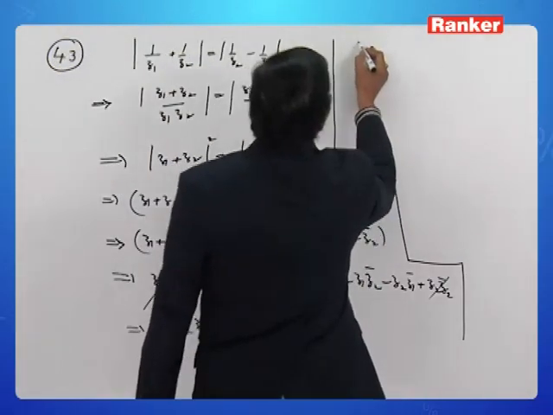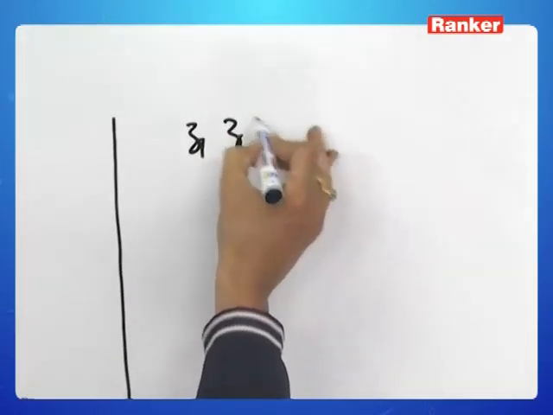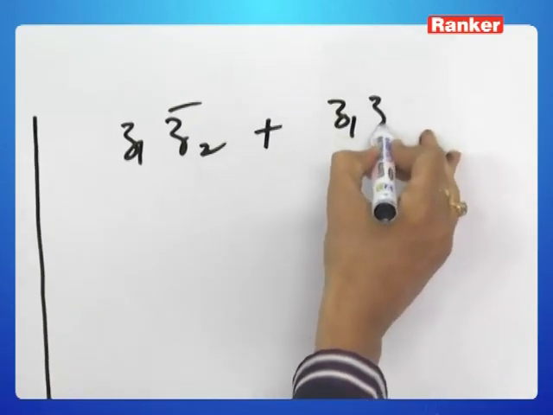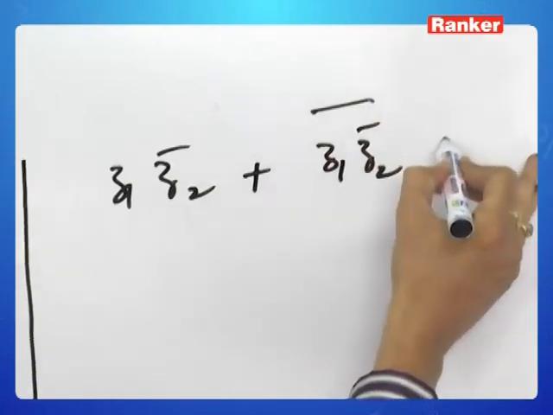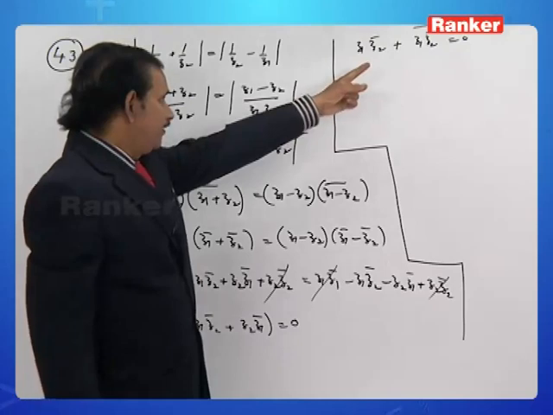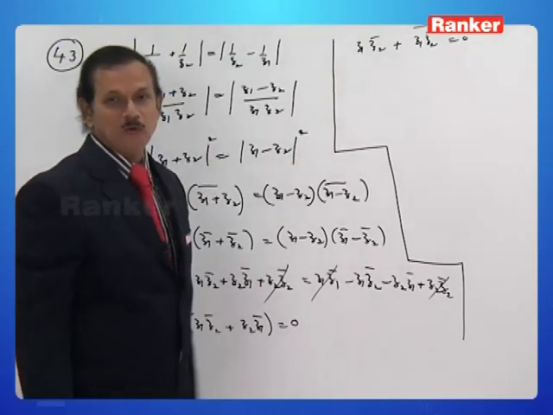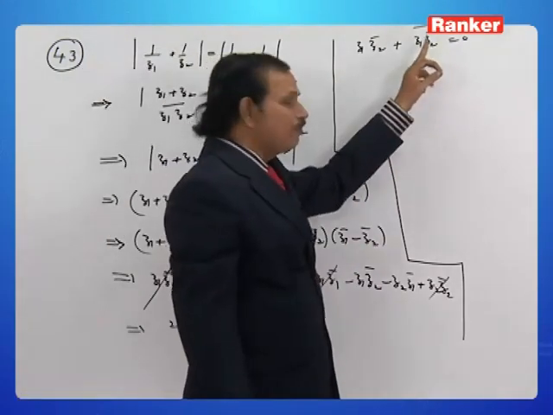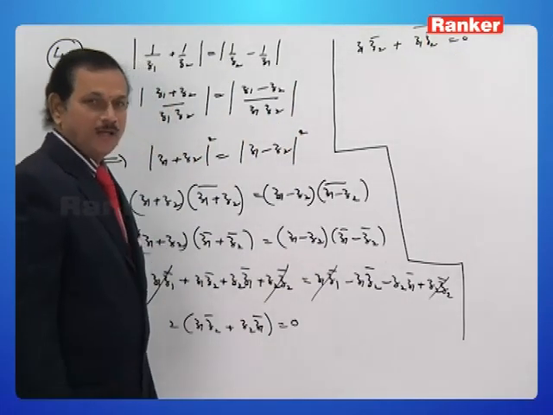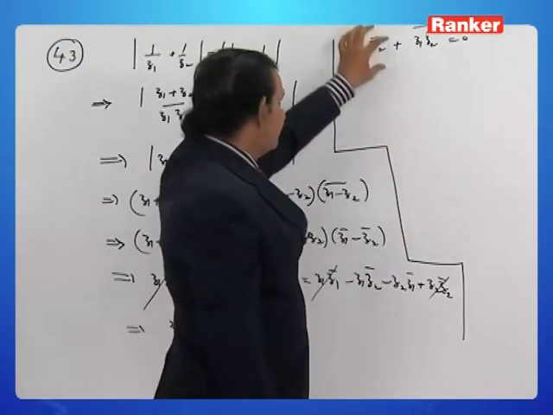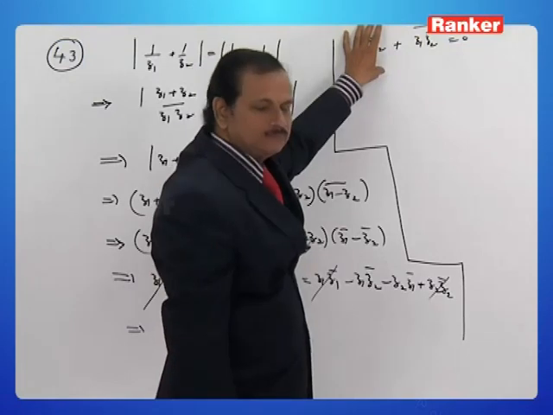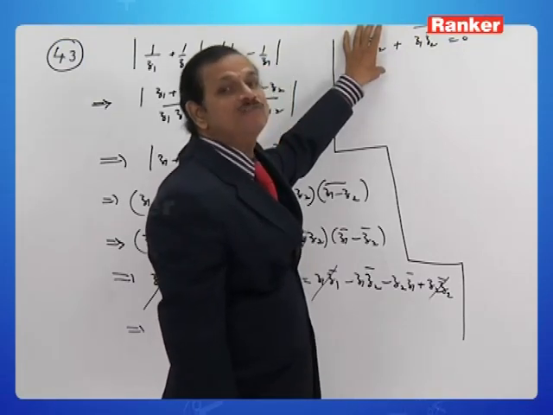I like to write it like this: Z1 Z2 bar plus Z1 Z2 bar whole bar is equal to 0. Any problem? You observe that? Z1 Z2 bar whole bar. What does it mean? Z1 bar into Z2 bar bar, that is Z2. So it is Z2 Z1 bar. Now imagine Z1 Z2 bar as a whole, one single complex number, say Z. What have you had here?